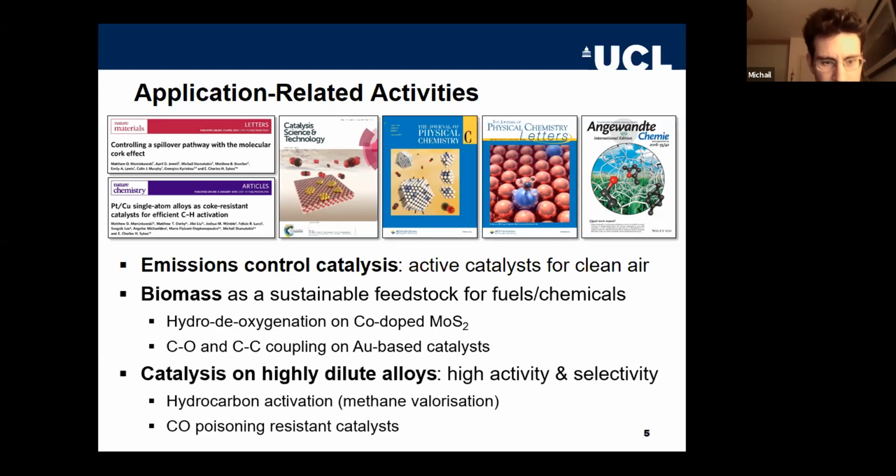So this is the project I just mentioned. So catalysis on highly dilute alloys at the single atom alloy limit. So we're looking into a lot of reactions again. Some of them are hydrocarbon activation, like in the context of methane valorization, and also how to overcome CO poisoning effects on these catalysts.